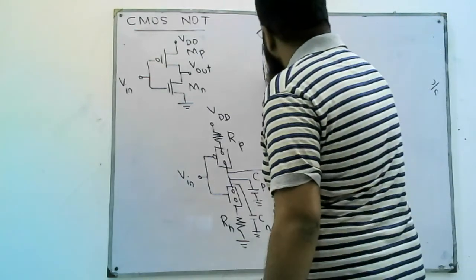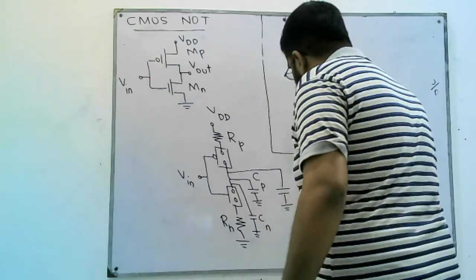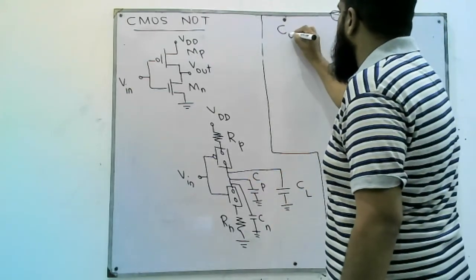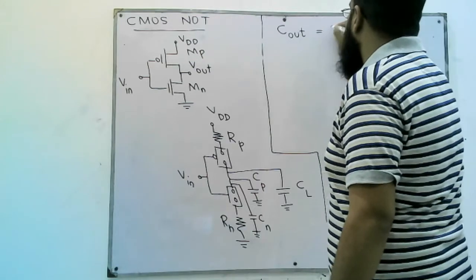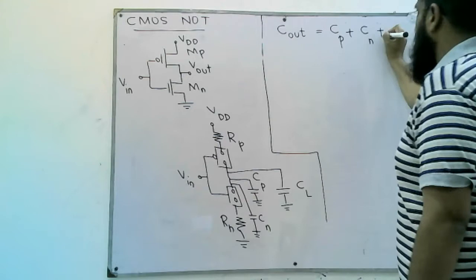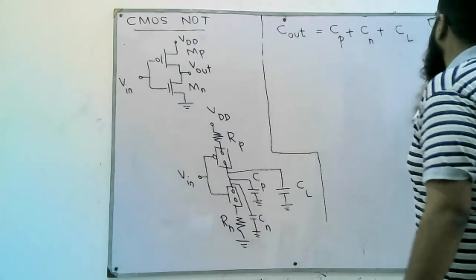Since we have three capacitors in parallel at the output of this circuit, we can write Cout as Cp, the capacitance of PMOS, plus the capacitance of NMOS, plus the load capacitance CL.